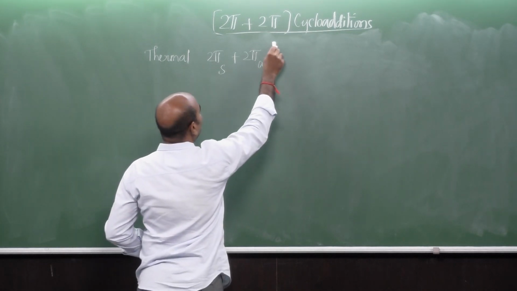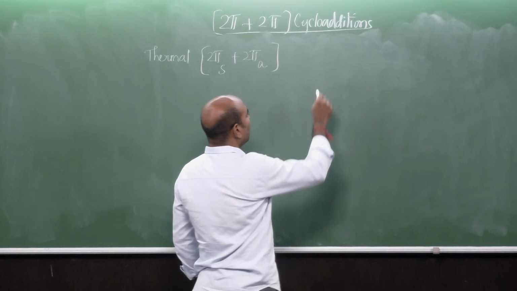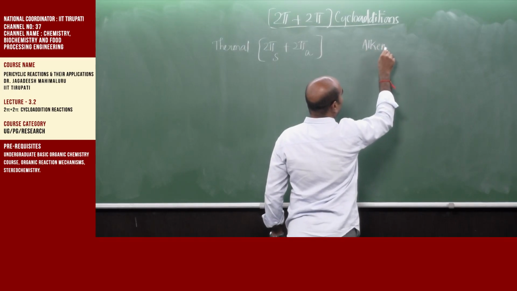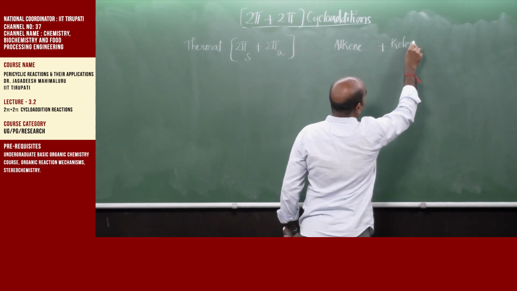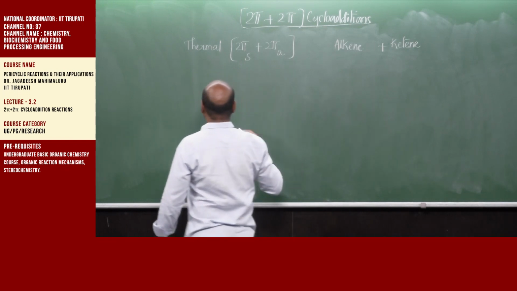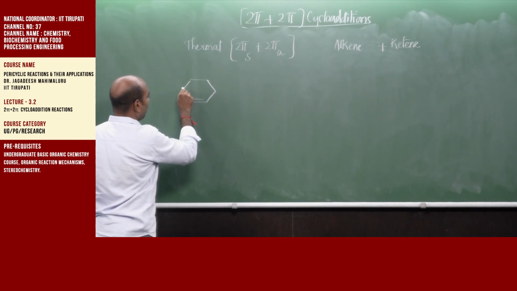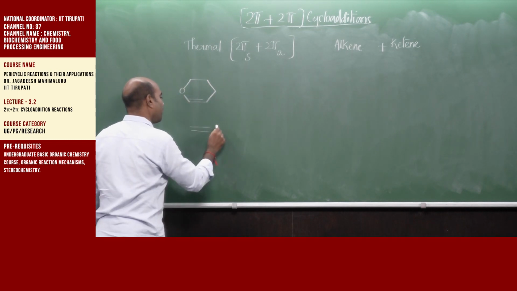So, 2π supra and 2π antara mode of cycloaddition reactions between the alkene plus ketene. So, let us see the example. These are all the proven examples.